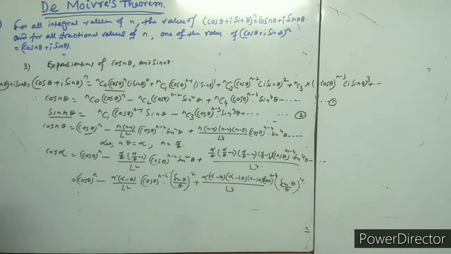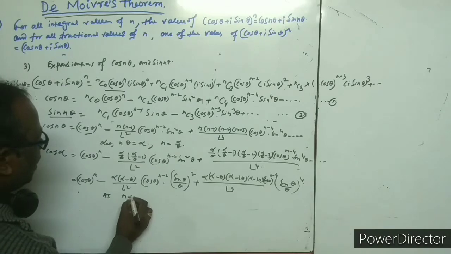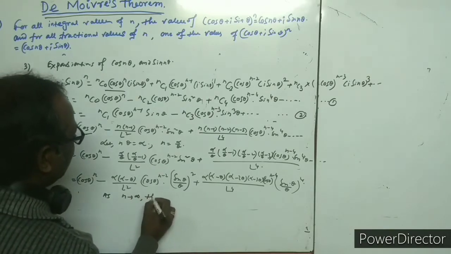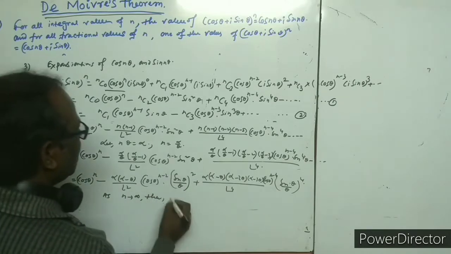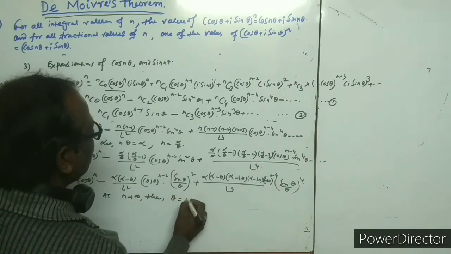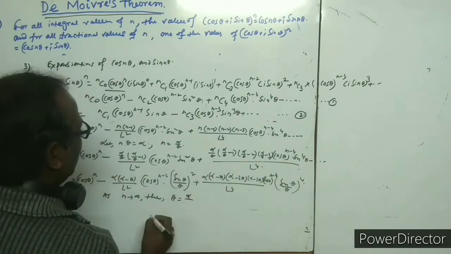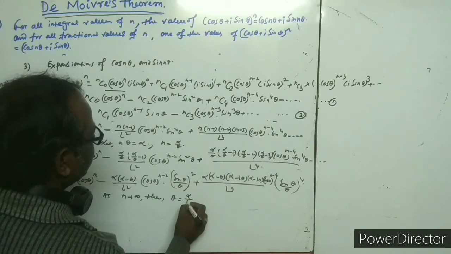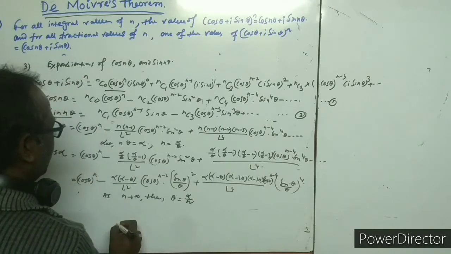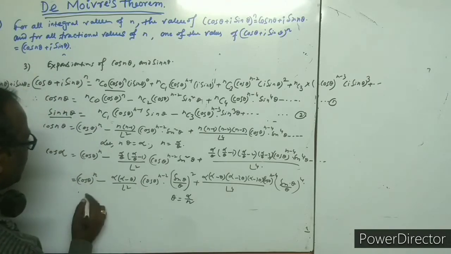When n is again very large, so that's why, as n tends to infinity, then theta is equal to alpha by n when n is very large.